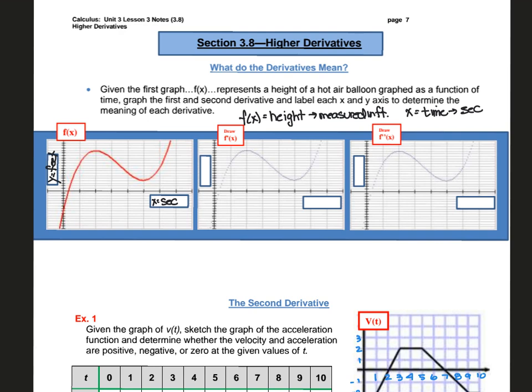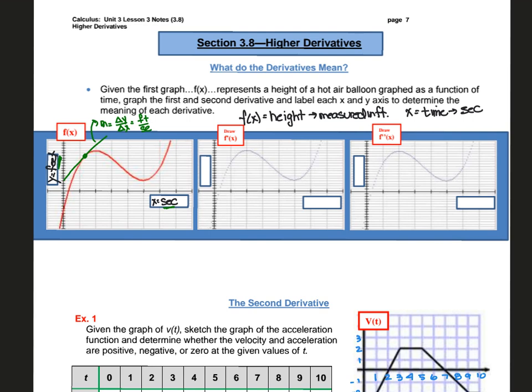When we measure the slope of this graph, we need to remember that we will be calculating slope values at any given point. And remember that slope value there is the change in y over the change in x. And if we look at our graph, our y and x are measured in feet and seconds.